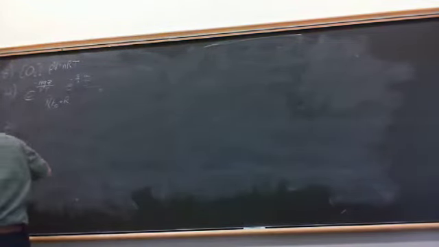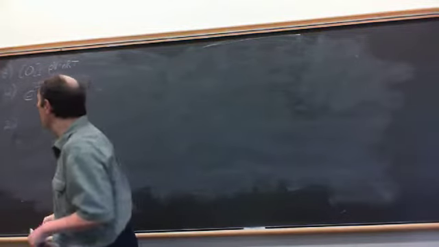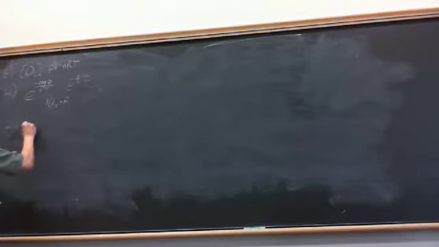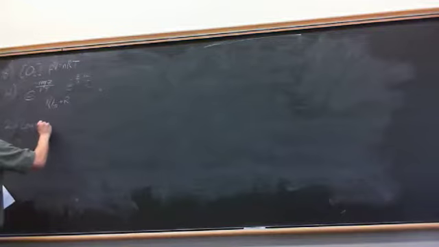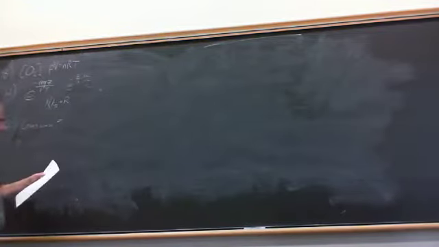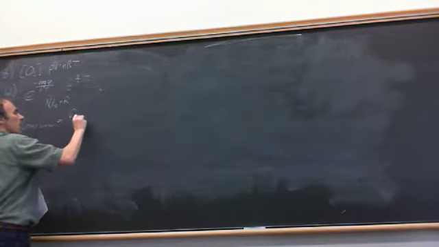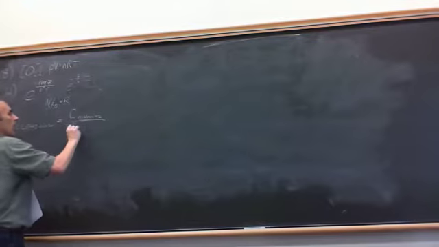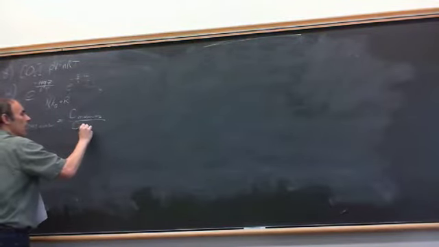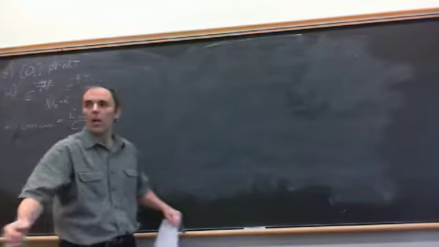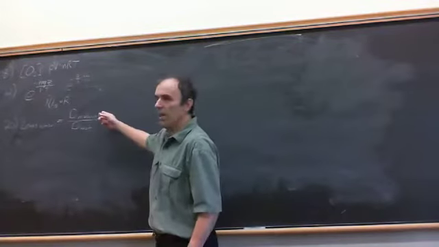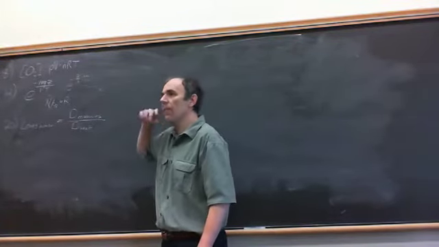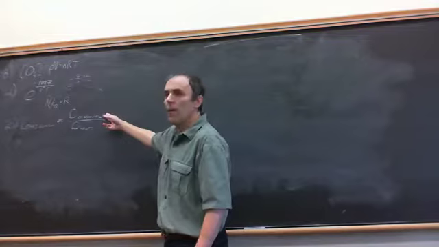Problem 20. Problem 20 develops something called the Lewis number. The Lewis number is just defined as the diffusion constant of molecules over the diffusion constant for heat. We talked today about the diffusion constant for molecules, and we used the value for oxygen.